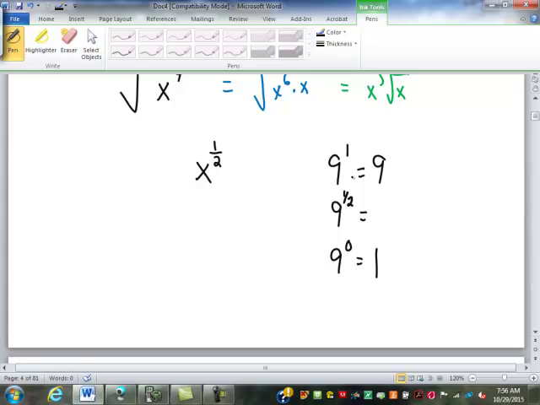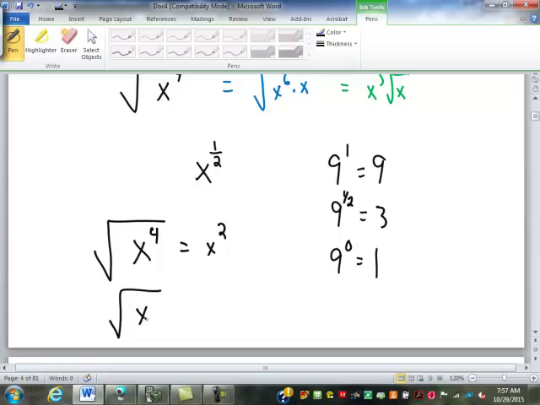9 to the power of 1/2 has to be somewhere between 1 and 9, right? Where's it going to be? Well, let's look at this. When I do the square root of x to the 4th, what do I do? I divide the power of 4 by 2 to get x squared, right?